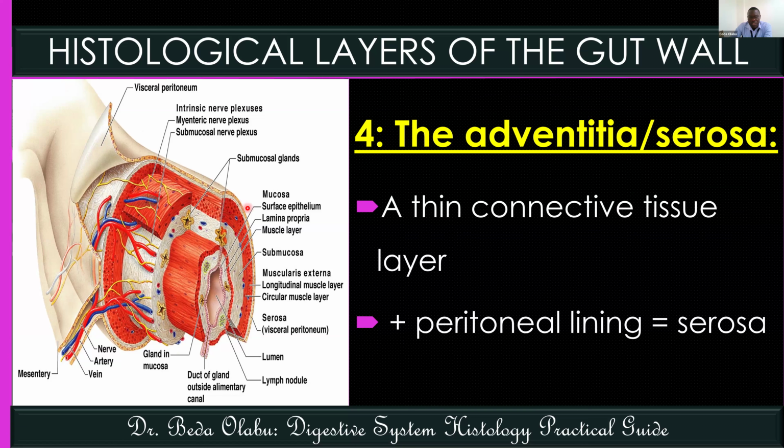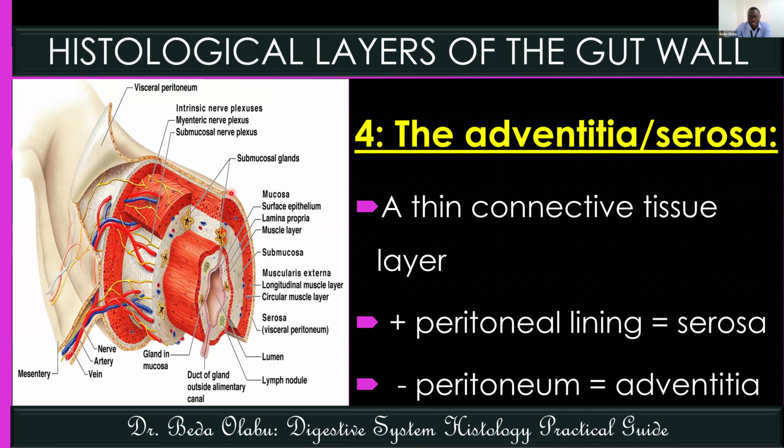If it has peritoneal lining, then we call it serosa. If it doesn't have, then we call it adventitia. It's a bit difficult for you to see this layer on histological slides, and so I don't want you also to spend a lot of attention on that layer.